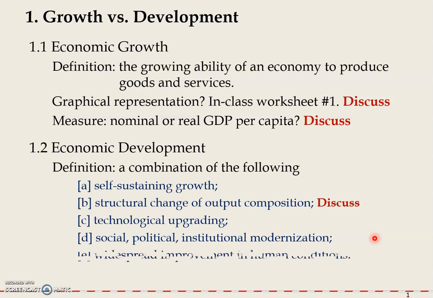a society. So the last aspect here we would like to emphasize is a widespread improvement in human conditions. Now here, human conditions includes access to education, medical treatment, a clean environment, stuff like that.